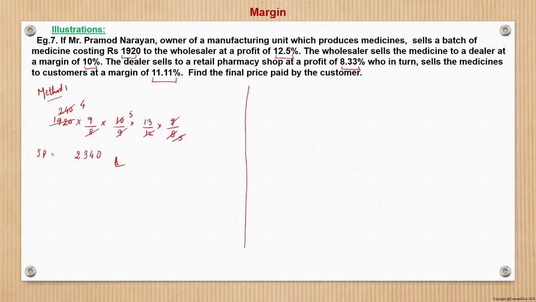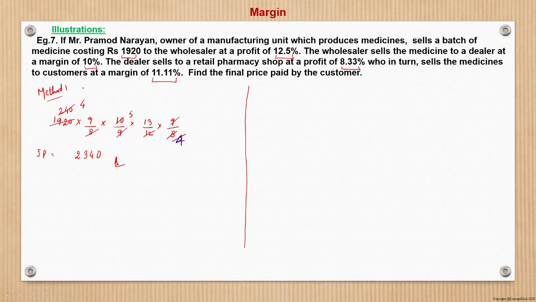Here, oh, oh, oh. Yeah, this will be 4 here, right? So essentially this becomes 240 into 5.